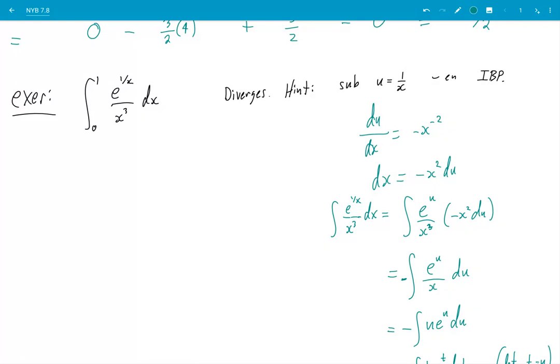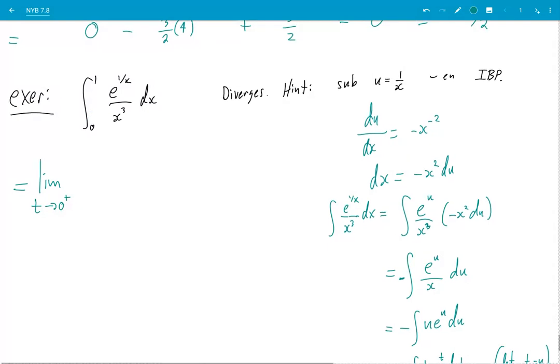Now, first things first, you introduce the limit where it is required. It's for the 0. t is going to 0 plus. Okay, remember if you're replacing this guy on the bottom, you put a plus. If you're replacing this guy up top, you put a minus.